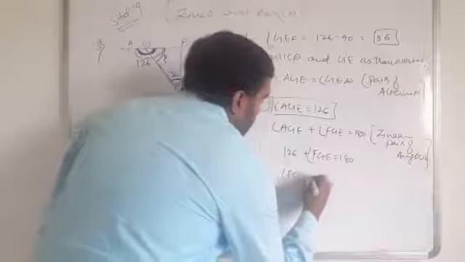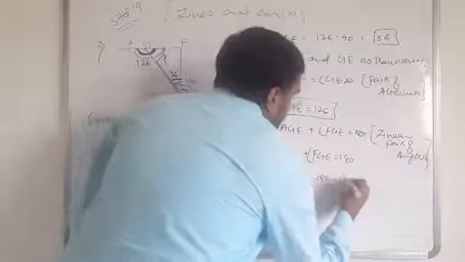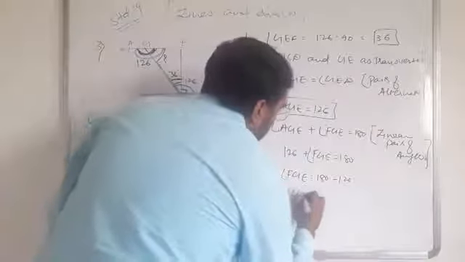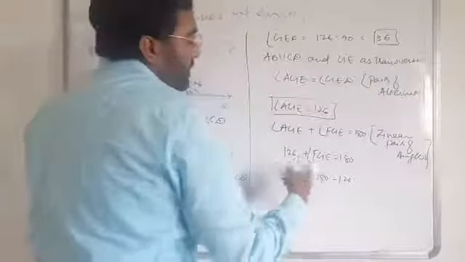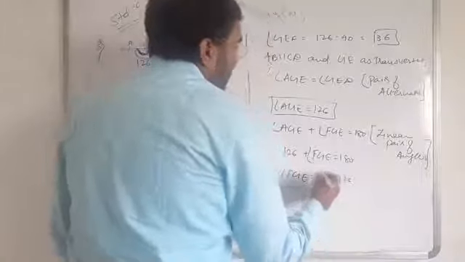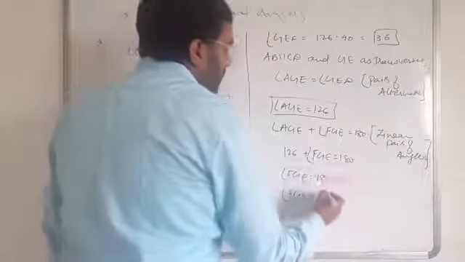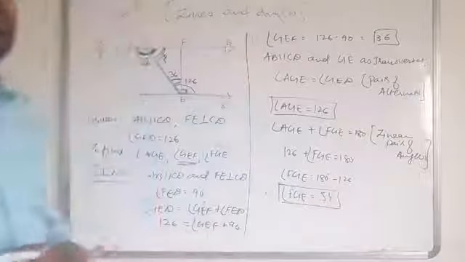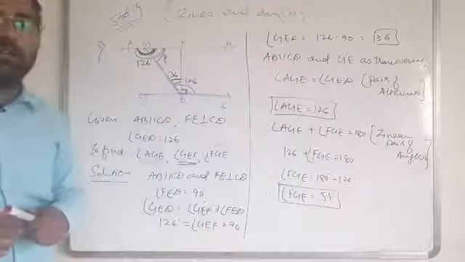So FGE is equal to 180 minus 126. Therefore angle FGE is 54 degrees. Clear?